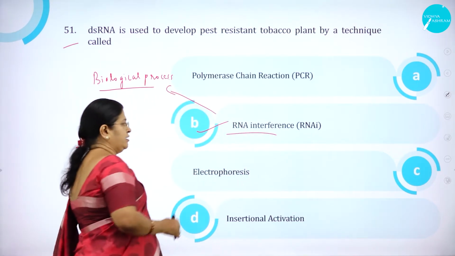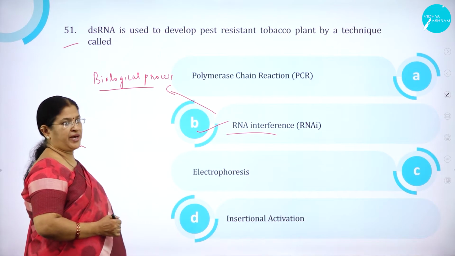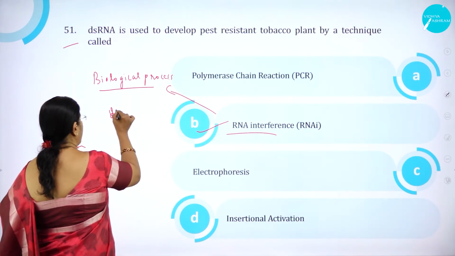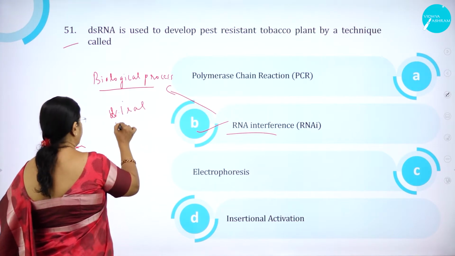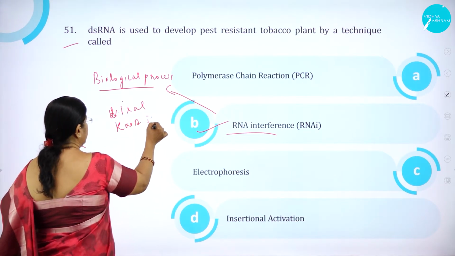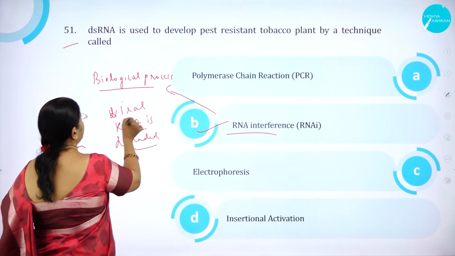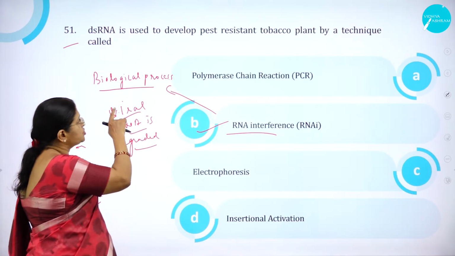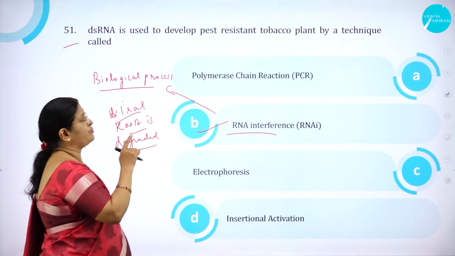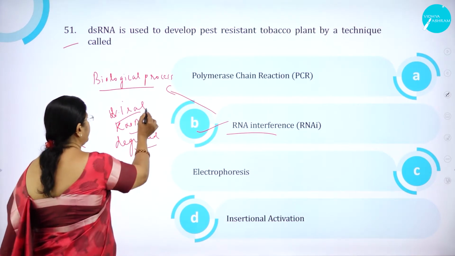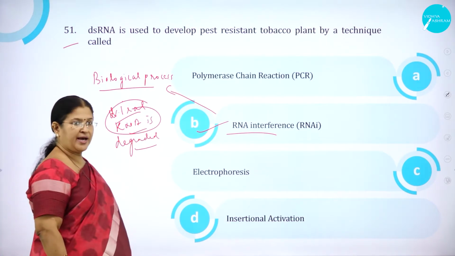It is a biological process where the viral RNA is degraded. So dsRNA is used to develop pest-resistant tobacco plant by RNA interference, which is going to degrade the viral RNA.